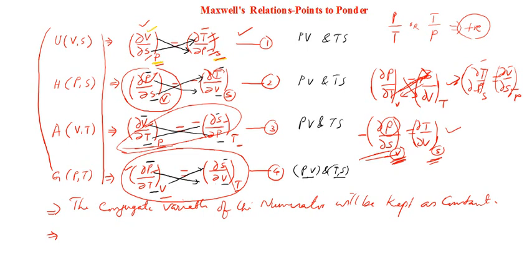Then state that all the four thermodynamic potentials are state functions, and hence their total differential will be exact. For exact differentials, dou M by dou X, that relationship is correct, and from that you arrive at the Maxwell's relations. Even though you are able to memorize and reproduce them, always do it in the straightforward manner, and please cross-check using all the properties or memory aids that I have discussed so far, to verify whether the derived equations are perfect or without any error.